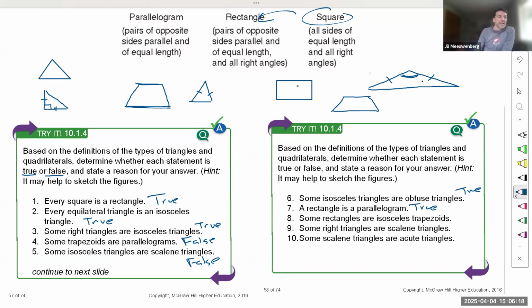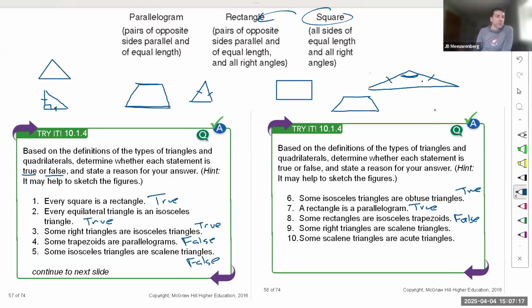And so a rectangle is not an isosceles trapezoid, and it can't be, because an isosceles trapezoid has to have one set of non-parallel sides. Number 9, some right triangles are scalene triangles.